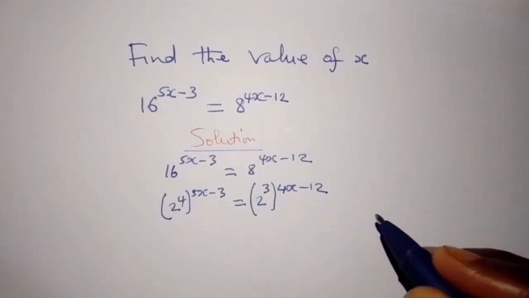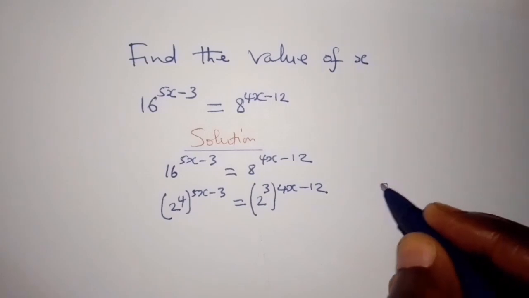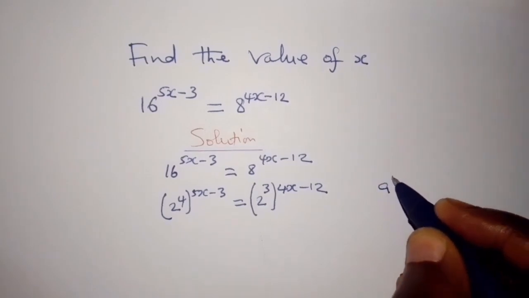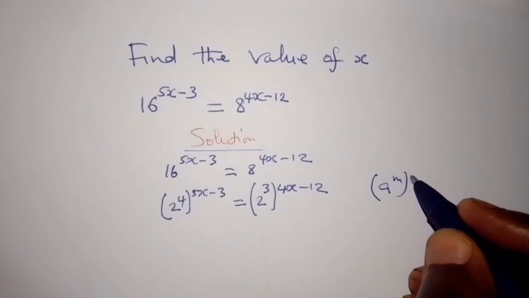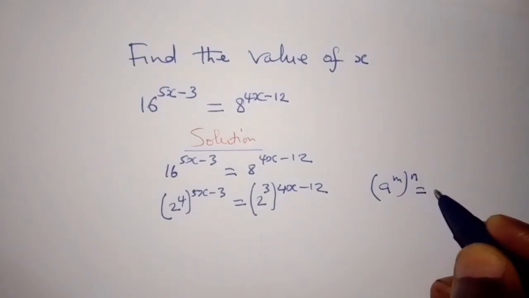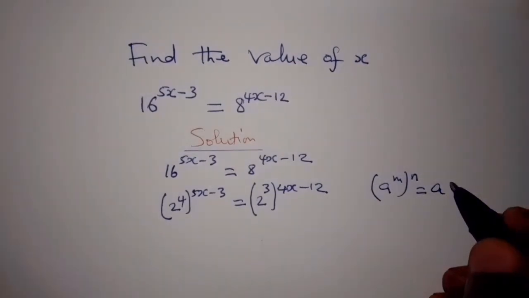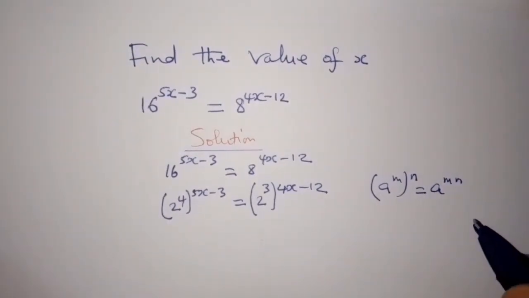Then we want to use the exponential rule: a power m, power n, is equal to a power m times n. So we want to apply it here.